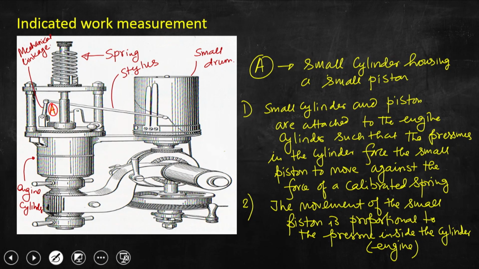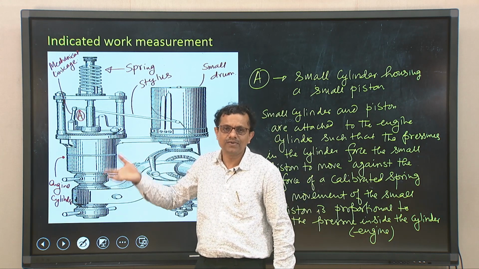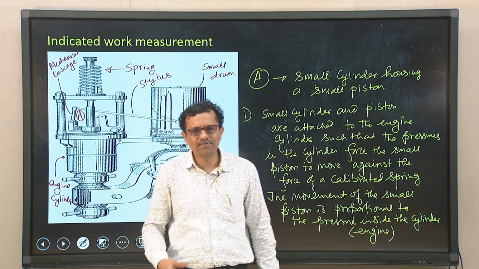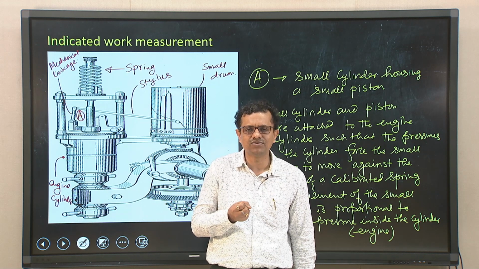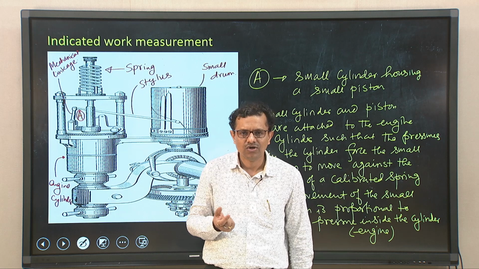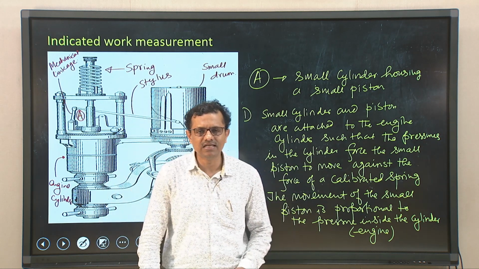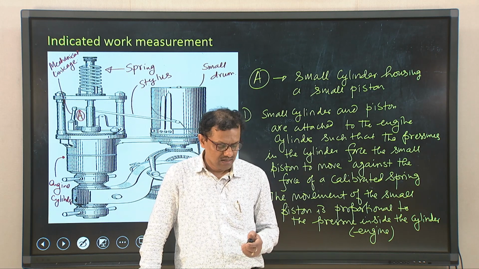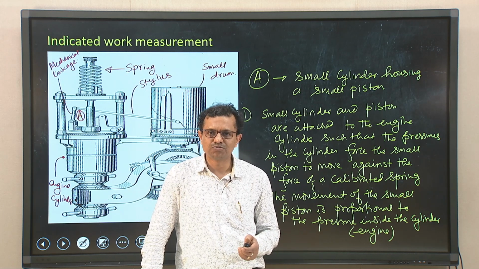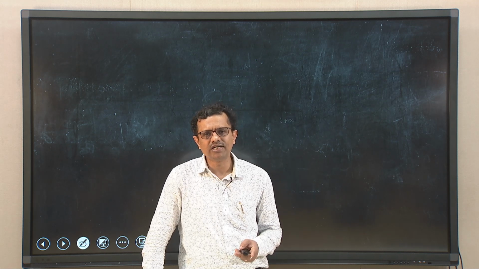So, to obtain information for an engine operating at high speed, the mechanical linkage may not be suitable, or even if we try to get some information using it, the measurement will not be satisfactory. So, the limitations of this method are that it cannot be used for small engines and it also cannot be used for engines operating at high speed.